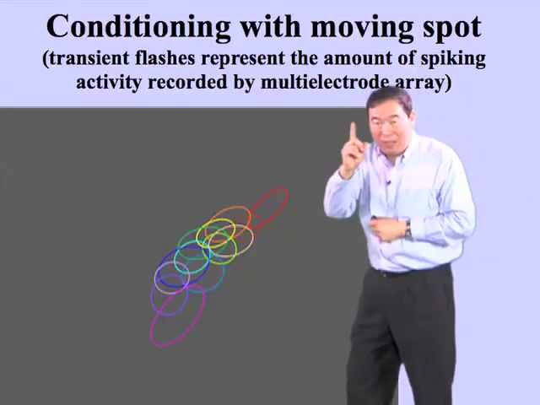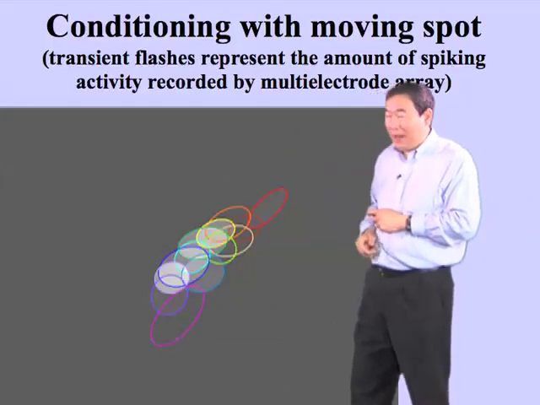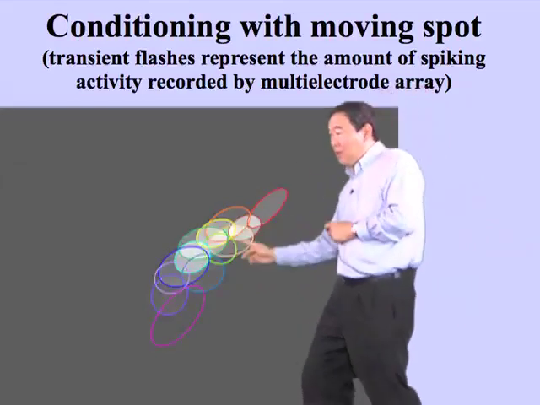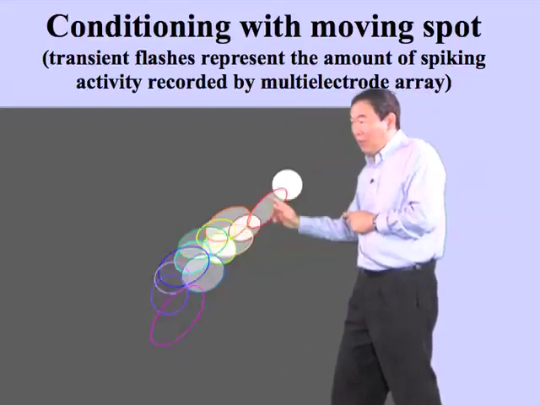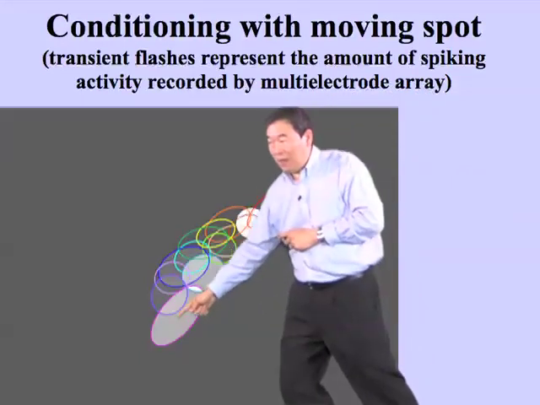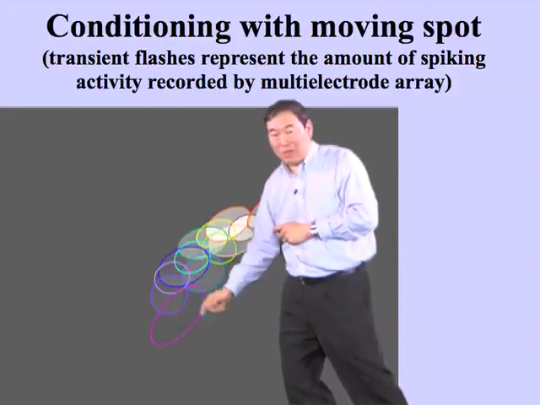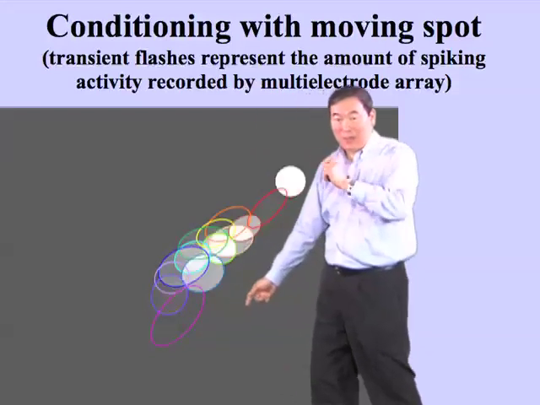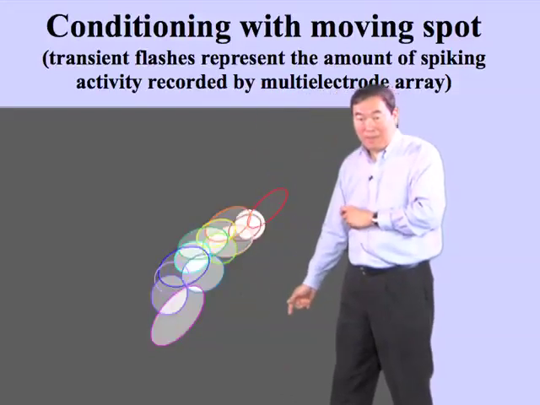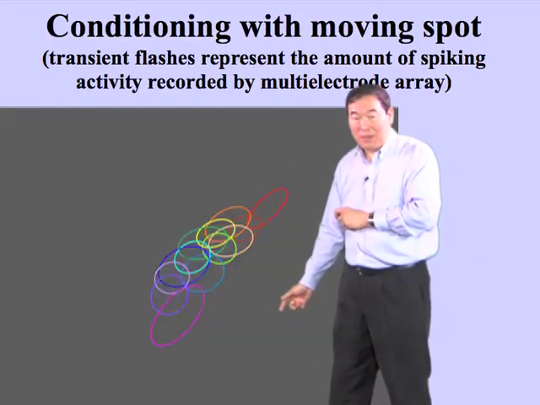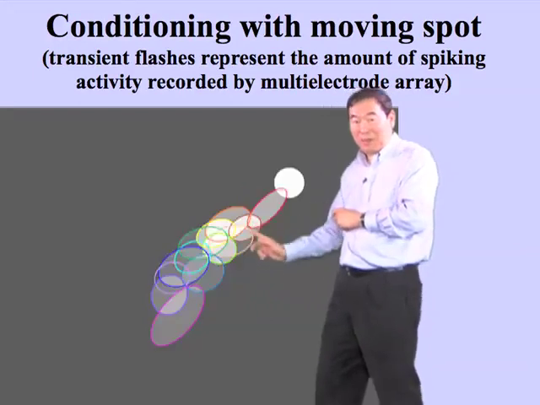So now, if this is the case, what would happen if we test again after conditioning with the real moving spot, with a stationary spot only triggered at a starting point? This is still the conditioning, right?